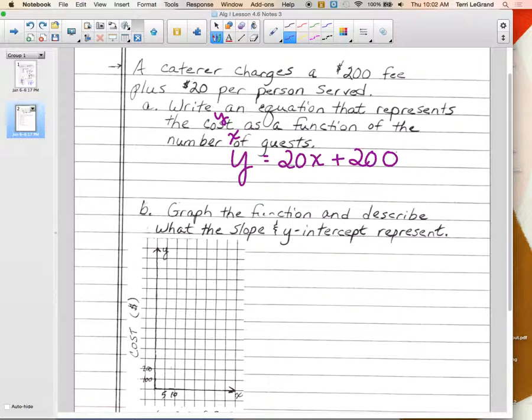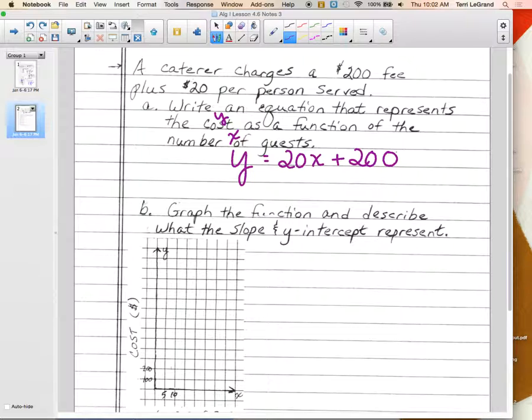So what is the slope representing in this problem? What is that 20 telling us? Brendan? Cost per person served. Cost per person served. So that 20 tells us how much it is for every guest you have, how much it's going to cost to feed each guest that you're going to have. And then what's the 200, our y-intercept, telling us?